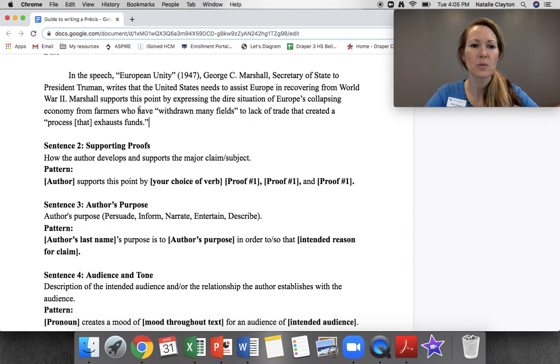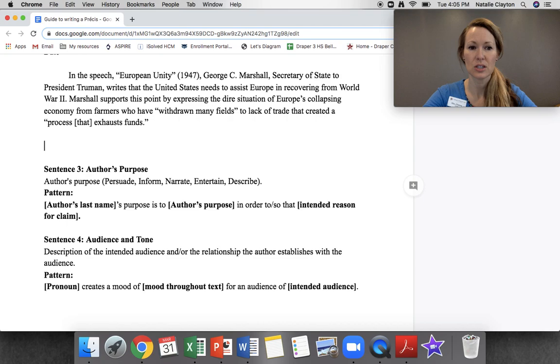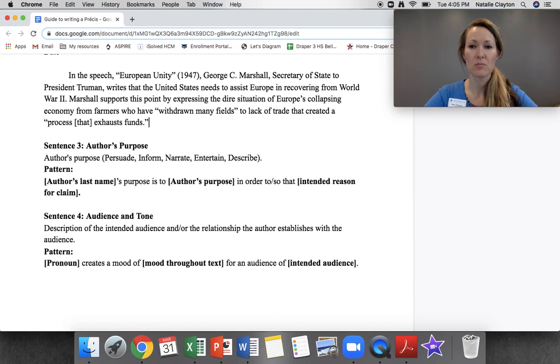So Marshall supports this point by expressing the dire situation of Europe's collapsing economy from farmers who have withdrawn many fields to lack of trade that created a process that exhausts funds. I think that's pretty good. I'm going to leave that right there. There's sentence 2. And then we're going to move on to sentence 3.